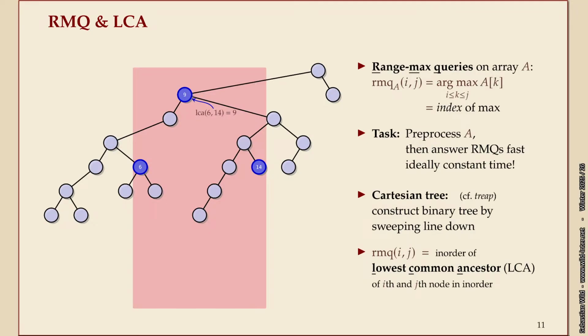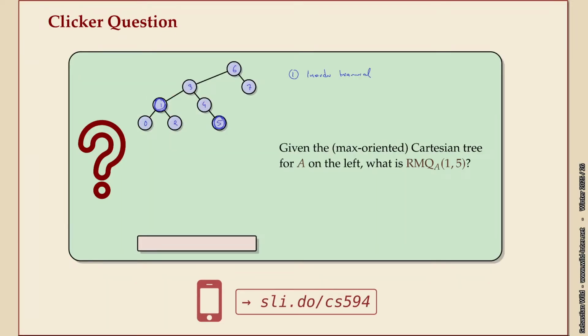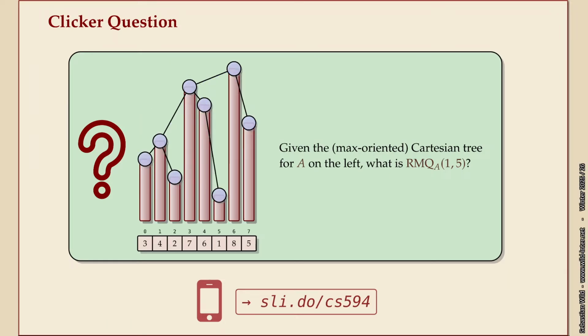We have to find the lowest common ancestor, which of course you can do by walking up and seeing where the paths meet. So that's the guy at index 3. Okay, good. Here's one way how this array could look that gives the same range max position. There we go.